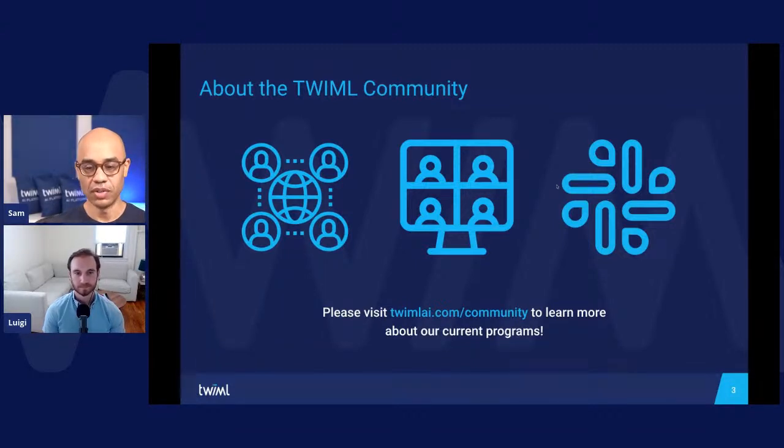At its core, this is people, members, folks that share a common interest in learning about machine learning and AI, sharing what they learn with others, and just helping us all increase in our knowledge and understanding of various things that we're interested within the ML and AI umbrella.